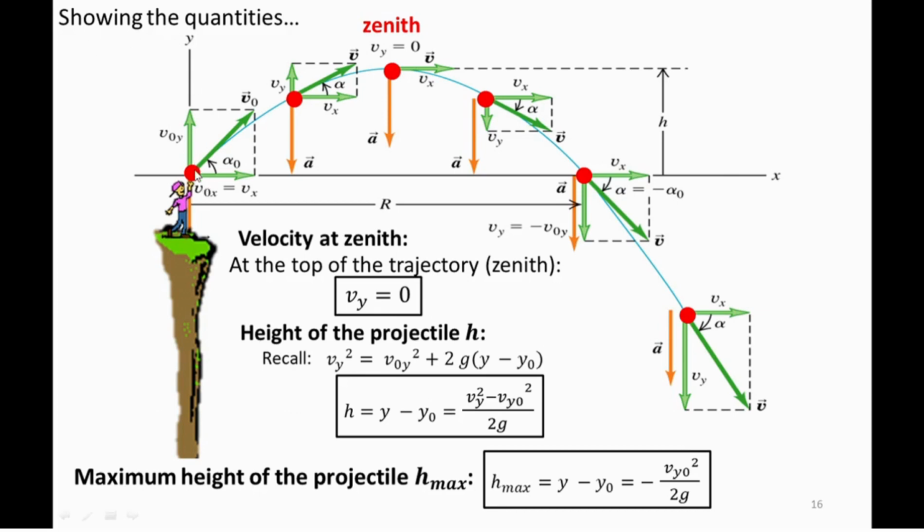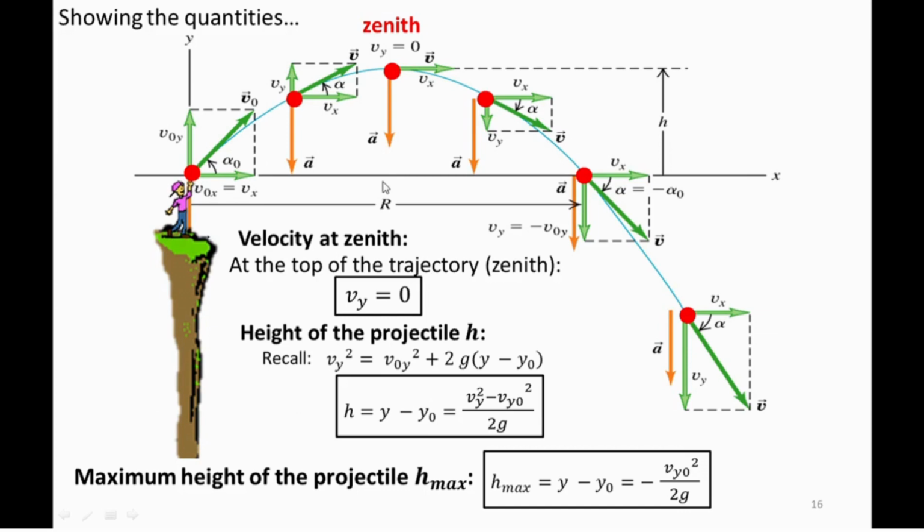So here you have a longer y component, and as you go up the trajectory, you can notice that this y component of the velocity decreases in length, which means that the y component is decreasing, and that is because your acceleration is going downwards.